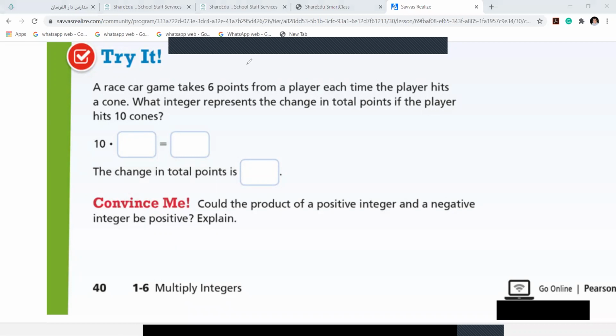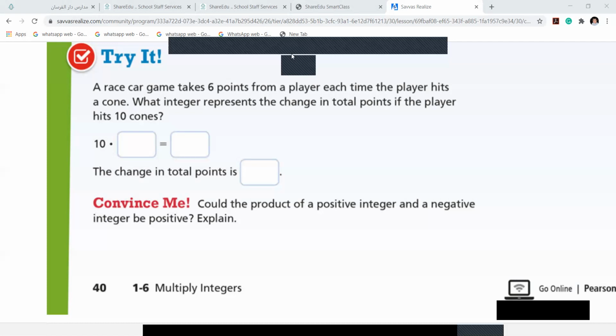So it's 10 times. A race car game takes 6 points. It's not saying that it gave 6 points. It takes away 6 points. Minus. Is it minus or plus? Minus, because somebody takes away your 6 points. So you need a minus sign here.